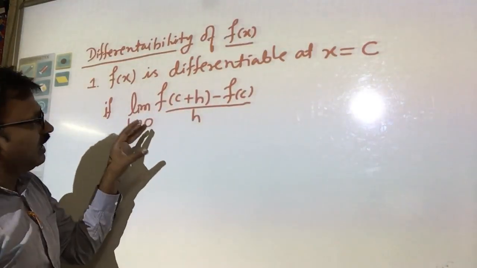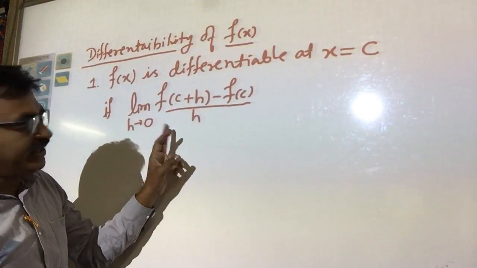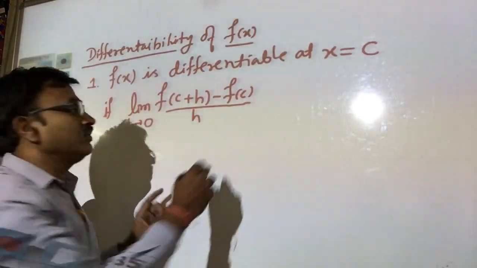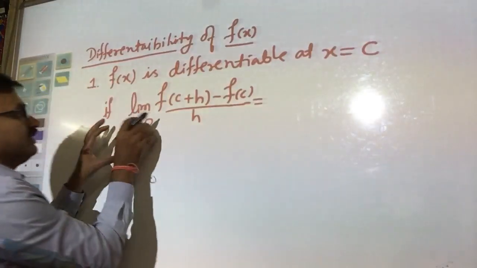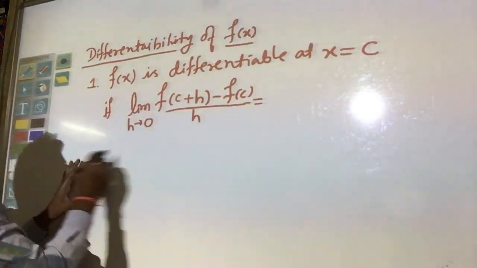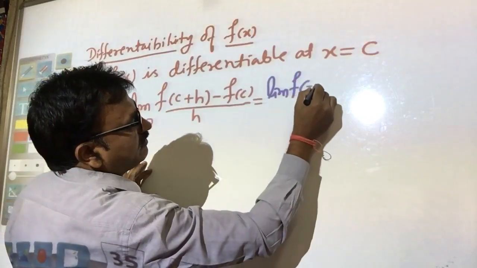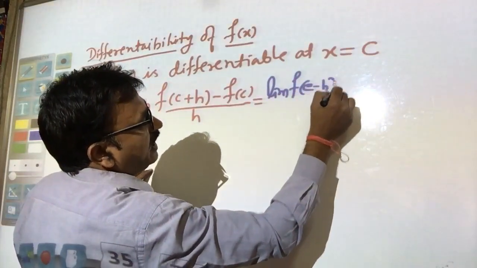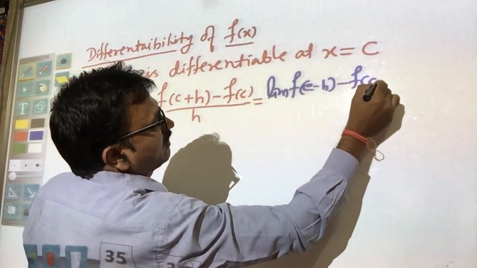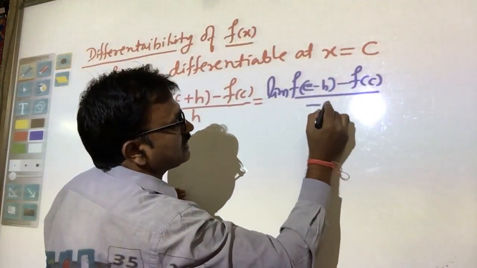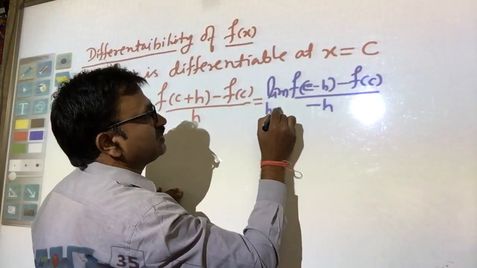This is called the right hand derivative at point c, and this should be equal to the limit of f(c - h) minus f(c) divided by minus h, as h tends to 0.